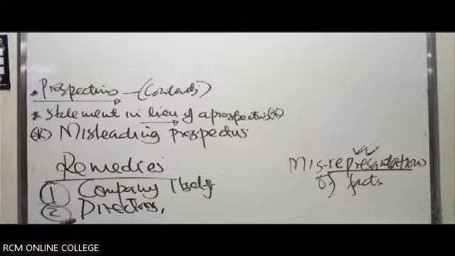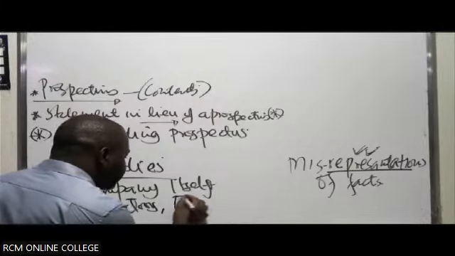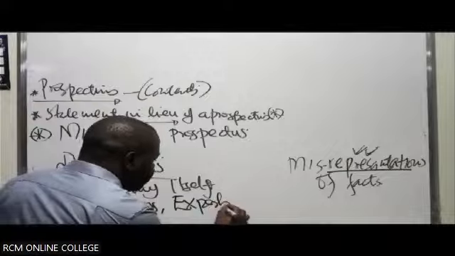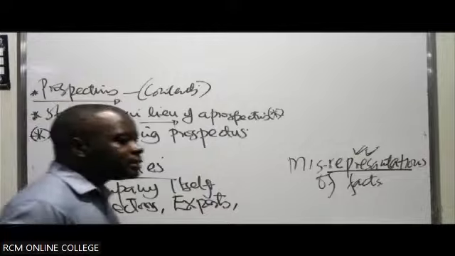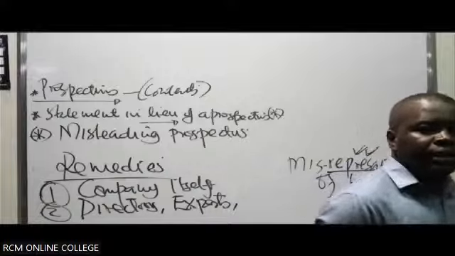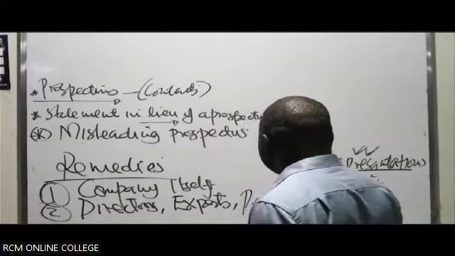Then apart from directors, we can have auditors or other experts. Experts like auditors. Let's assume this company was just being formed. Then the person who would be on top here is the promoter. On a company being formed, it is the promoter.